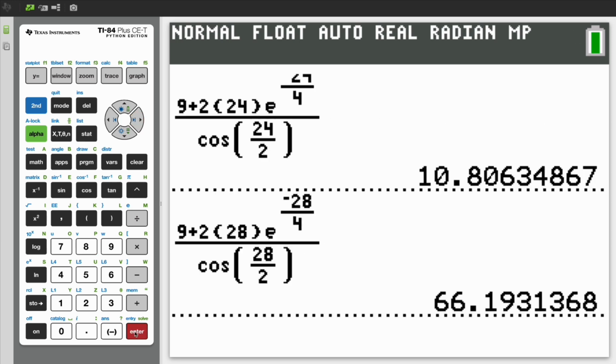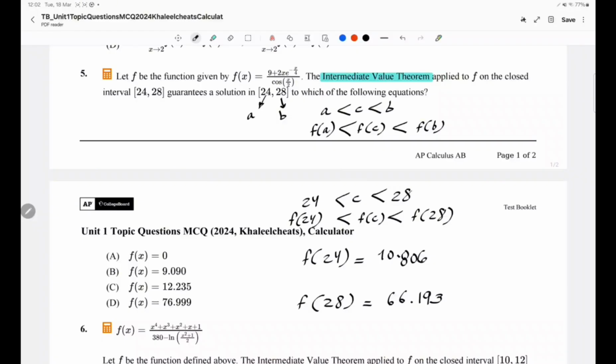Click enter. My maximum value of f of 28 is going to be 66.193. Now, my answer has to be ranging between 10.806 and 66.193. So my answer has to be between those two, and that is going to be choice C.